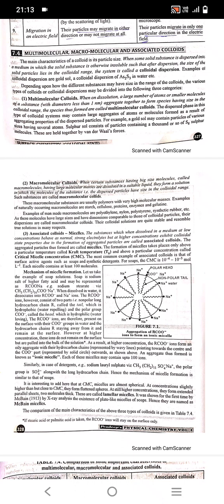Examples of naturally occurring macromolecules are starch, cellulose, proteins, enzymes, gelatin. Examples of man-made macromolecules are polyethylene, nylon, polyester, synthetic rubber, etc. As the molecules have large size, with dimensions comparable to those of colloidal particles, their dispersions are called macromolecular colloids. Their colloidal solutions are quite stable and resemble true solutions in many respects.